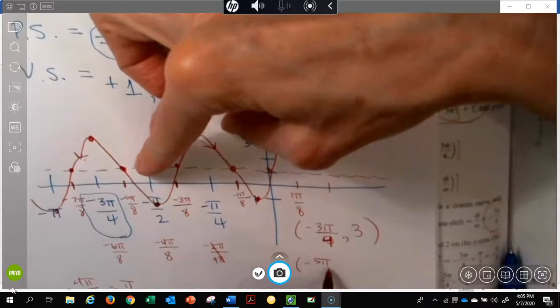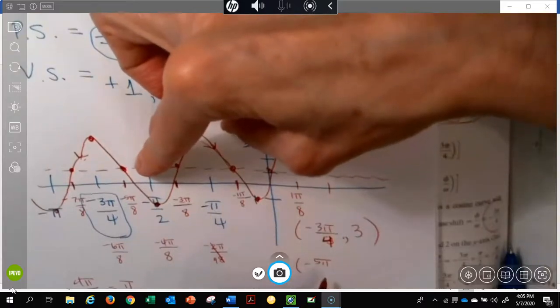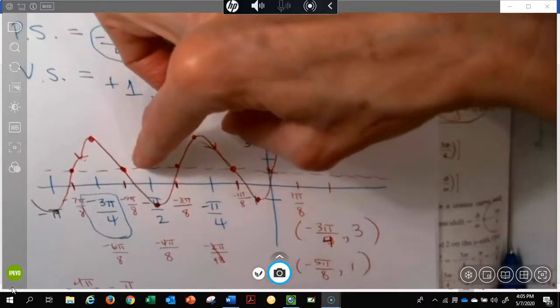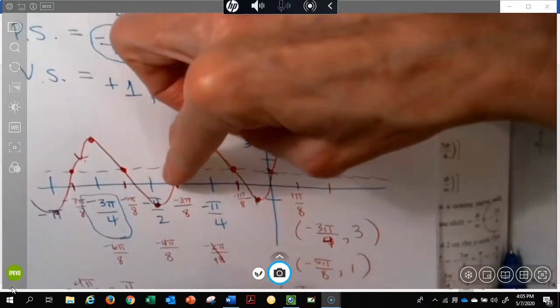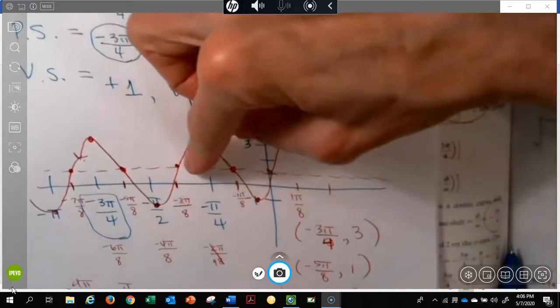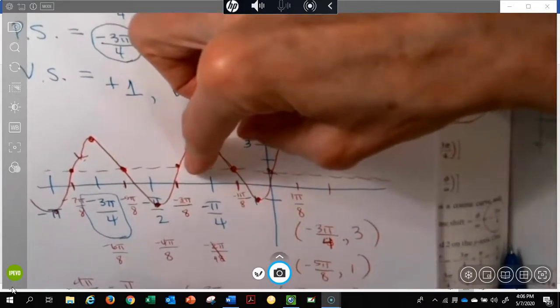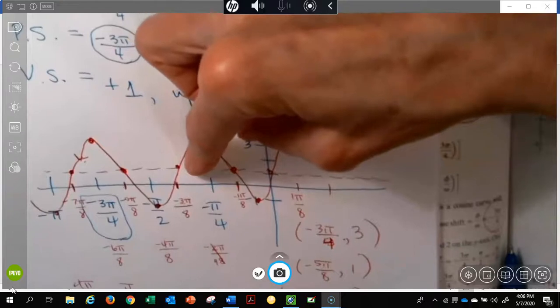Negative 5 pi over 8, that one stops at our 1. Let's do this one. Negative pi over 2, that bottoms out at negative 1. Negative 3 pi, and I hope you write better than I do and in a better order, but you never know.